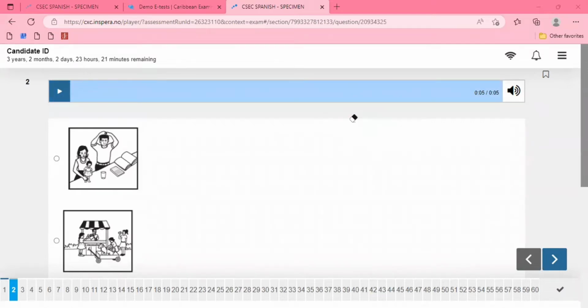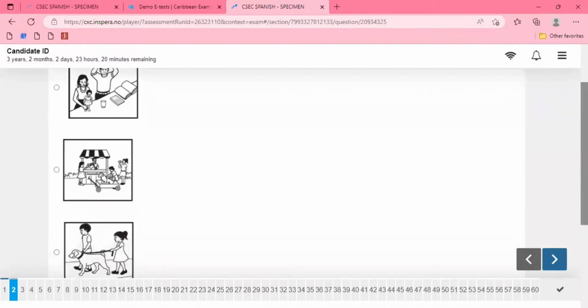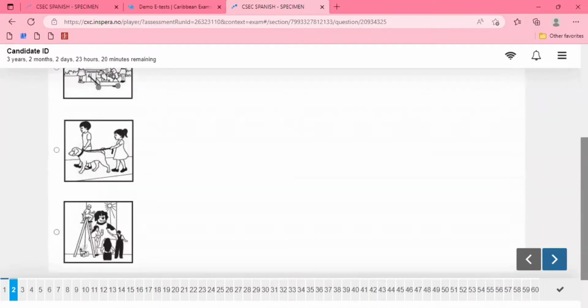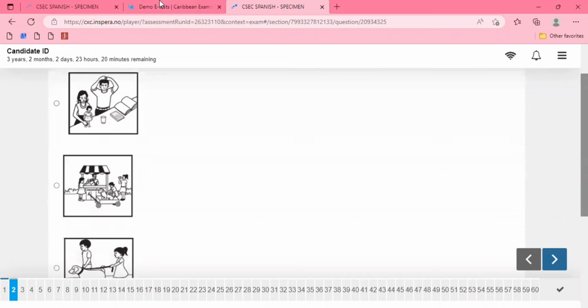Los jóvenes caminan con su perro. So now this could be the boys walk with their dog, or it could be the children. So let's look at what we have. Let me just type out what was read. Sorry.